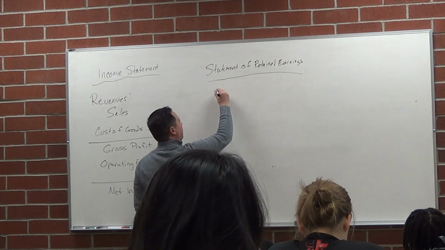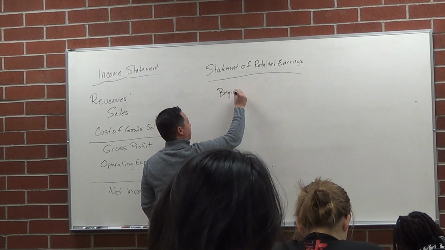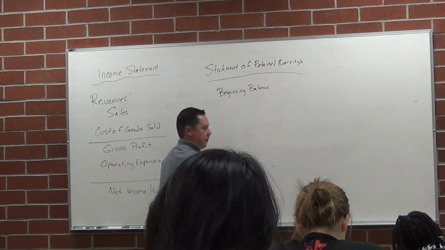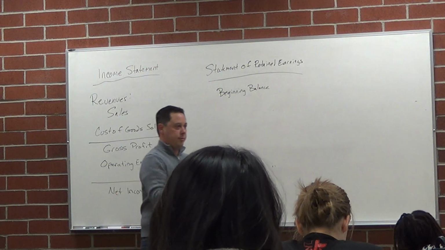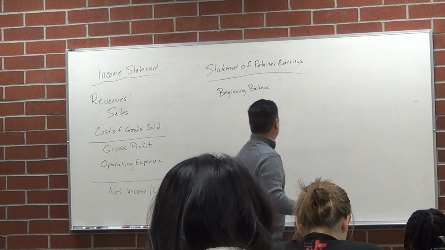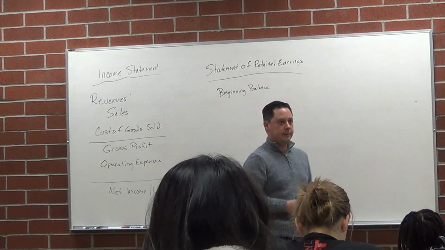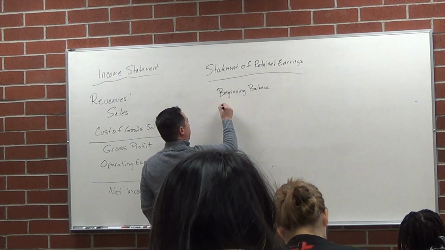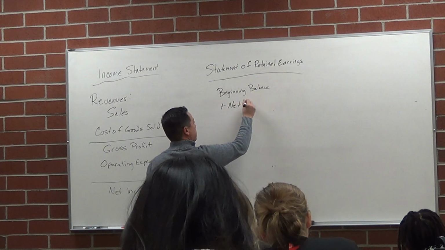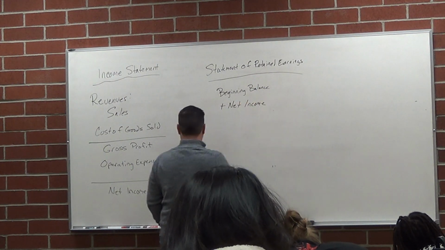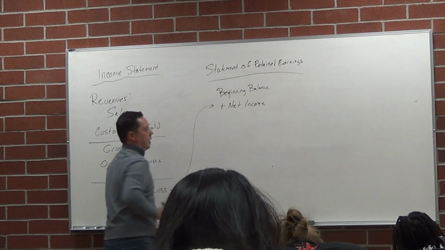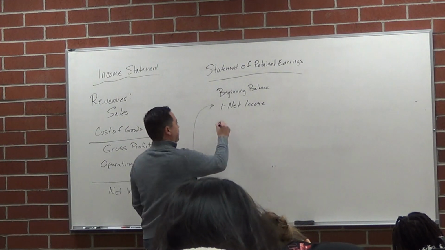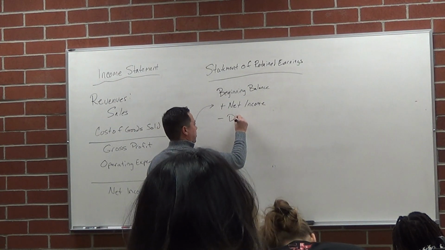All right, so you have your beginning balance to that. So after the end of the first year, we have $3,000, whatever it may be. All right, and then we're going to add in our net income. That's why you need the calculator right here, and it flows into that. And you're going to take away dividends.